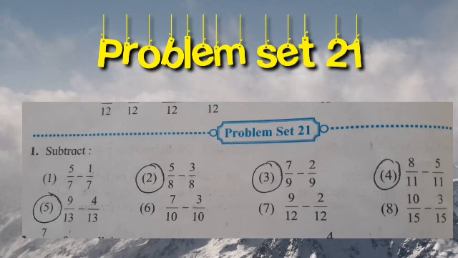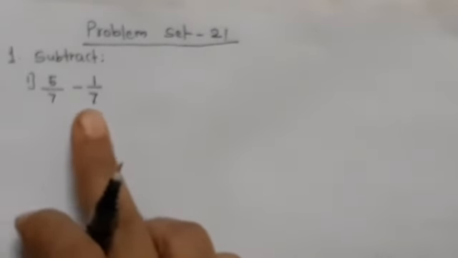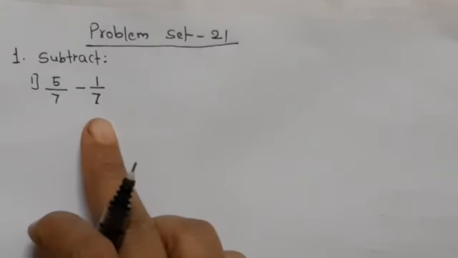Let's solve problem set 21. First sum. Subtract 1 by 7 from 5 by 7. Here you can observe that these two fractions 5 by 7 and 1 by 7 are like fractions. And when we subtract a fraction from another like fraction, what we do?